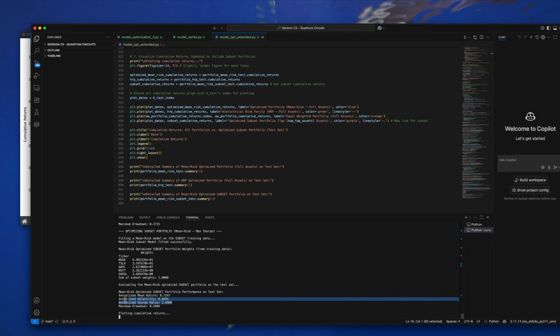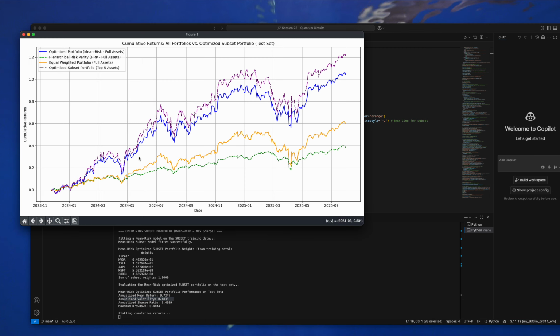Here it says annualized volatility is 0.48, that's high. So it's a very volatile portfolio, although it's the top performer. This also gives us a broad view of the risk reward scenario that we're in here: with a higher risk you have a greater reward.